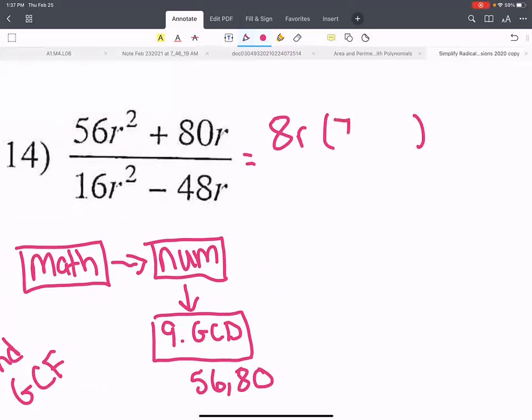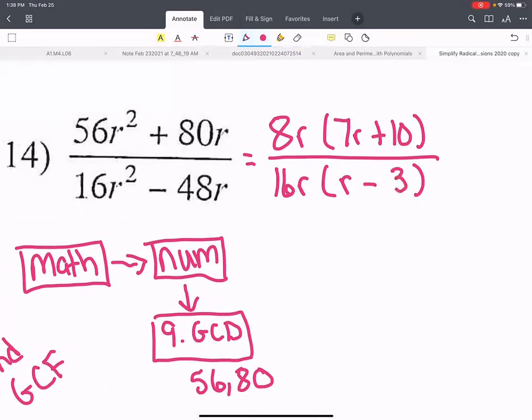So inside that would leave me 7r plus 10. Okay, what about 16 and 48? Give you a second to do that on the calculator. 16. What else? Yep. Good. I'm going to factor out a 16r. And that's going to leave me with r minus what? Good.